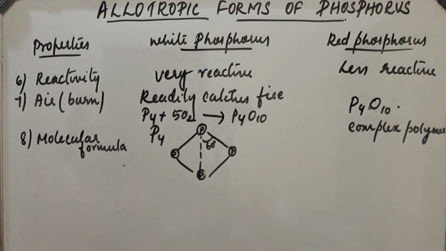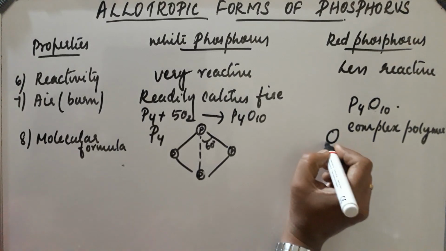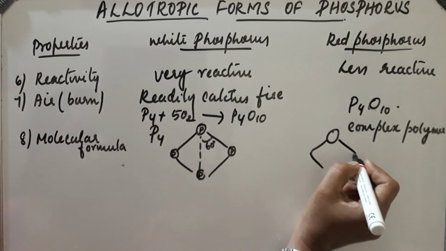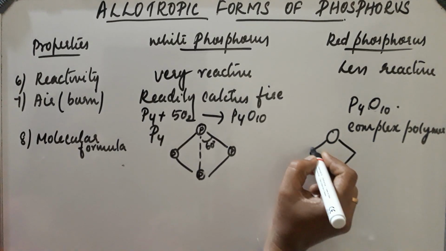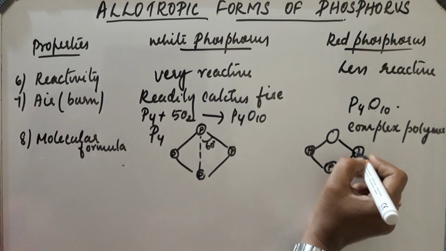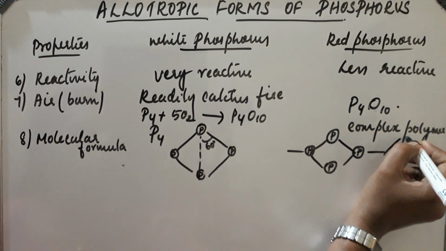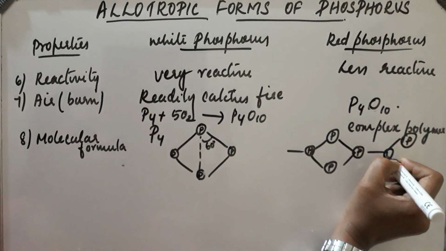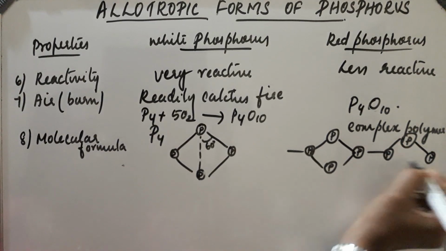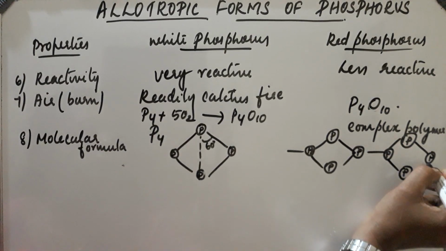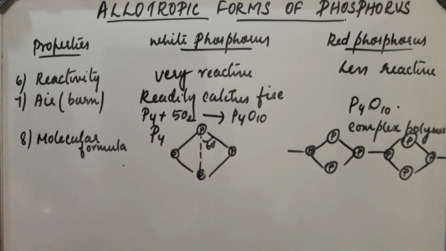It exists as P4 and the structure will be like this. But for red phosphorus, it's a complex polymer structure. Like this it goes. So these are the structure and molecular formula of white phosphorus and red phosphorus.